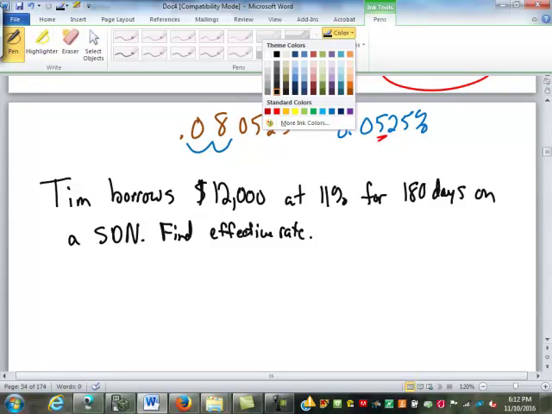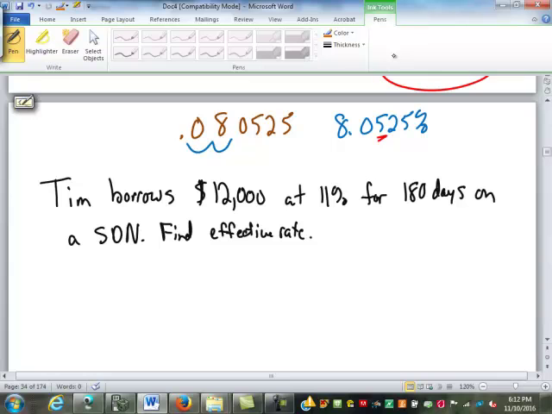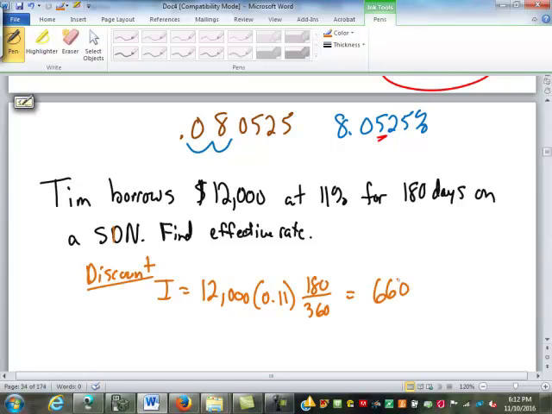Well, it seems like we're asking a simple question there, find the effective rate, but we still have to figure out everything else in order to get there. Remember, to do the effective rate, we need to know the amount of the discount. Discount is going to be our interest, which is $12,000 times 0.11 for 11%, times 180 over 360. Which is what, $660?